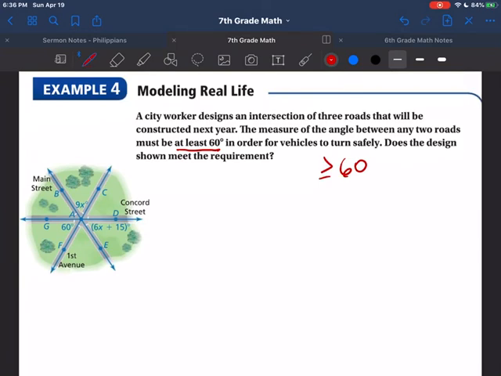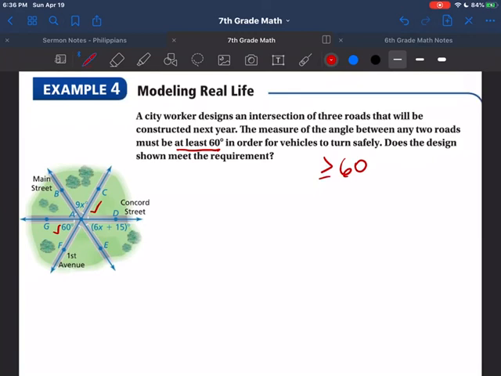Well, that's a really broad question. Okay, so this one's good. So this one's good. We need to figure out what x is, because we know if this one's good, this one's good. So let's do little check marks. This one's good. This one's good.